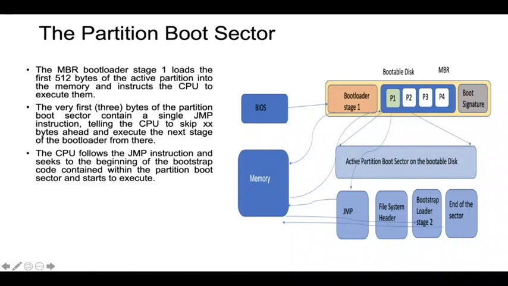And from this, it points again to 512 bytes at the address specified by the partition table. The very first 3 bytes of this 512-byte partition boot sector contain a single jump instruction, telling the CPU to skip a number of bytes ahead and execute the next stage of the bootloader from there.